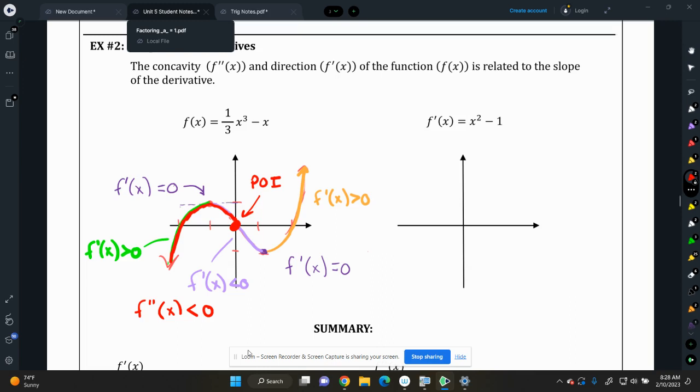Decreasing, because f prime of x is decreasing because f double prime is less than 0. Okay, and then over here we have concave up, which means f double prime is greater than 0, which means f prime is going to be increasing. So here we know f prime is increasing.